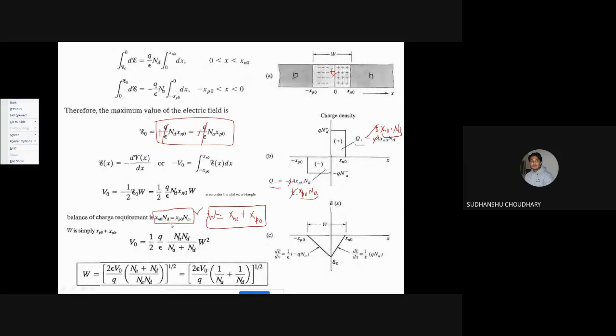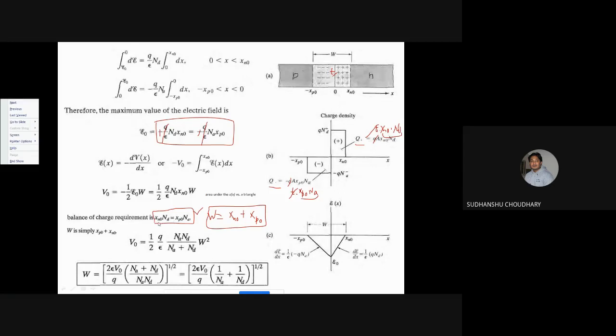Then from here one can find out W. So W minus Xp naught, and then from this relation I can write Xn naught.